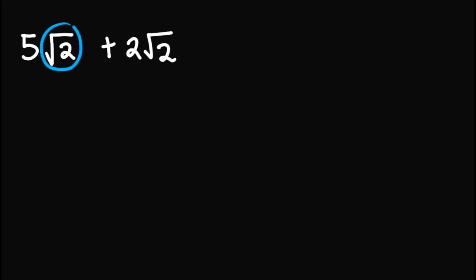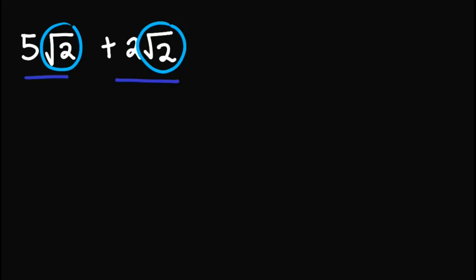Let's have this first example. Let's have 5 square root of 2 plus 2 square root of 2. First, we try to inspect the radicals that they have. In here, square root of 2, square root of 2 are similar radicals. So if we have similar radicals, we can combine these two. How do we do that?